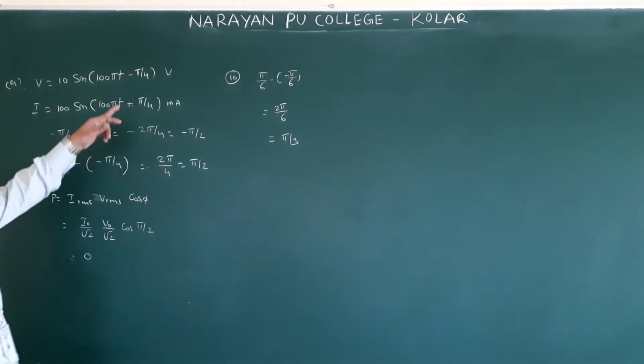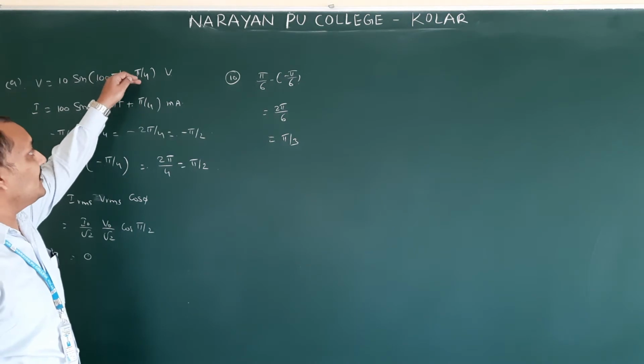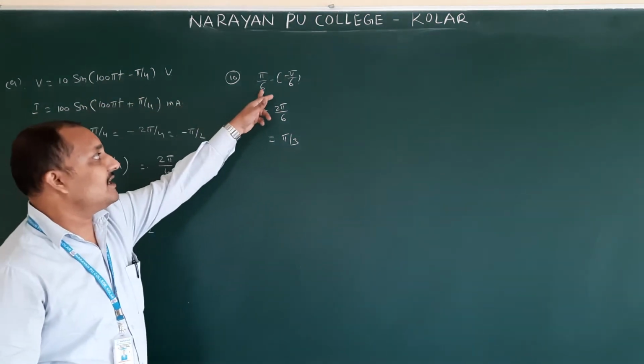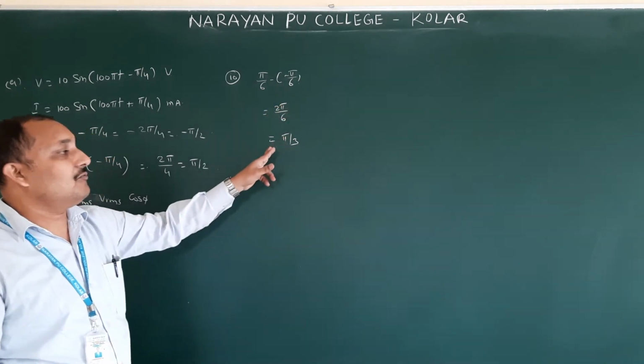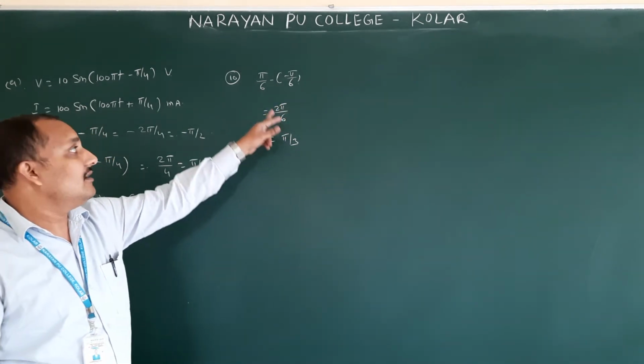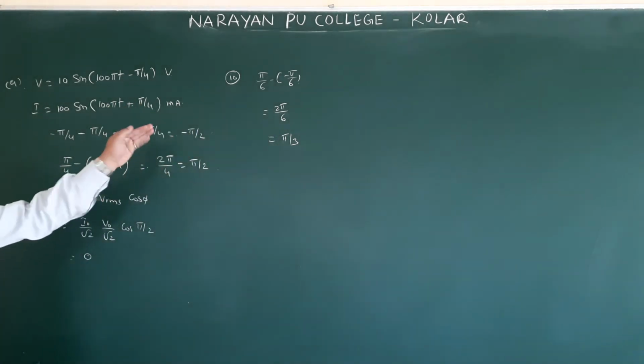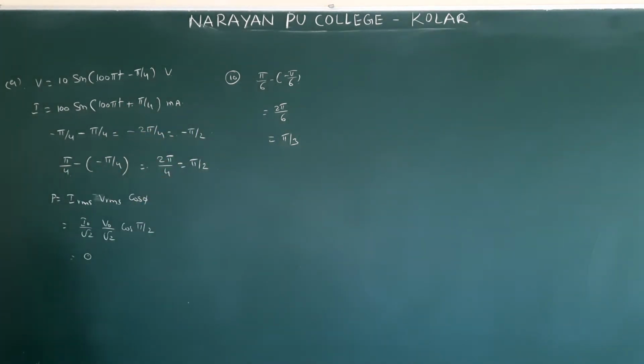So you have to take care whether you are subtracting from voltage to current or current to voltage. The phase, I am saying. If you subtract voltage minus current and you got plus, you have to write voltage is leading; if you got minus here, voltage is lagging. Like that you should do. Subtraction is very important. Now first one is correct: voltage leads the current by pi by 3. Then second one is wrong.